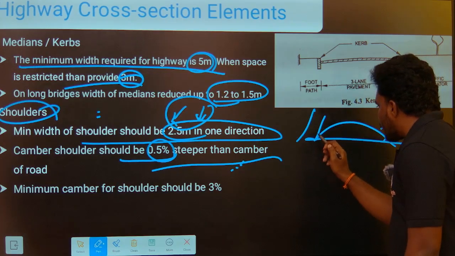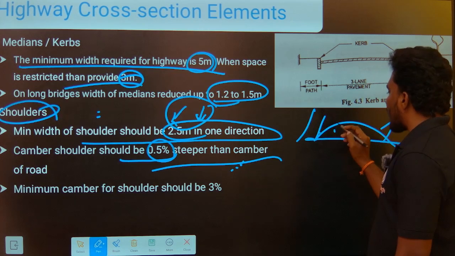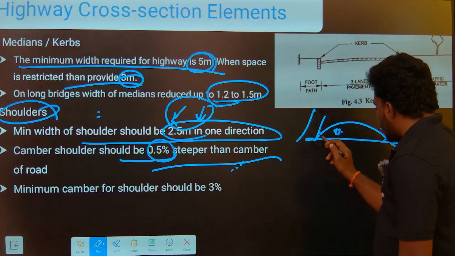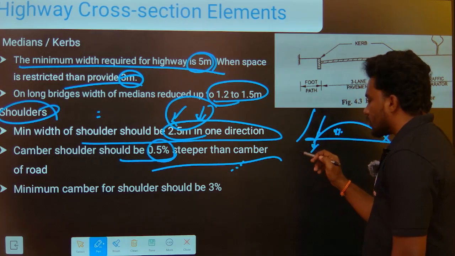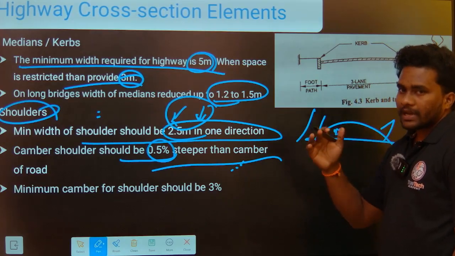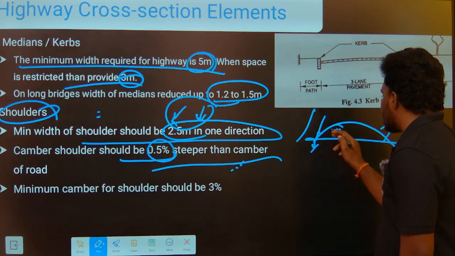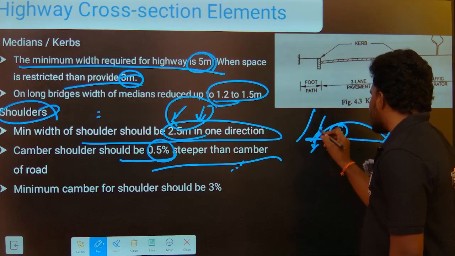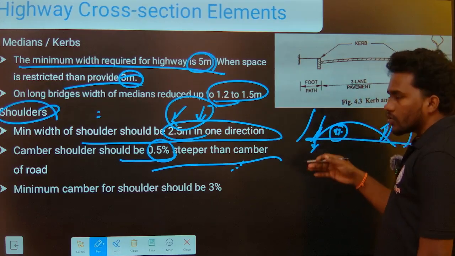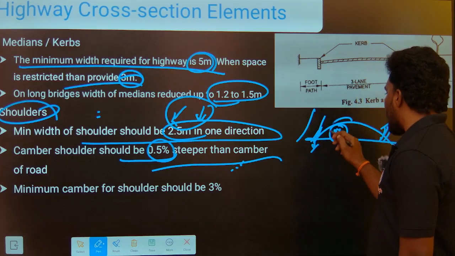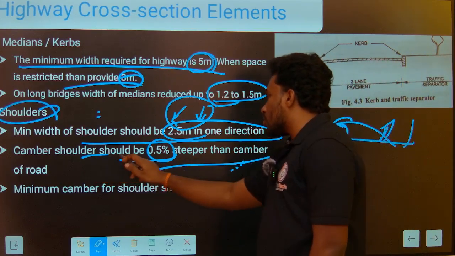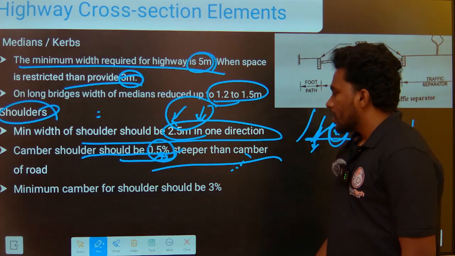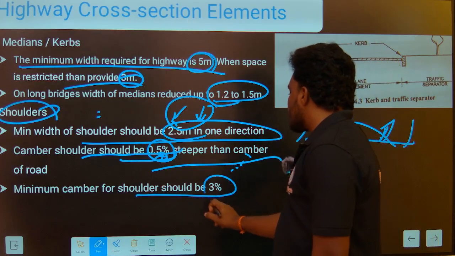If the camber is 2% of cross slope, and the shoulder is not steeper than this camber, then the water is stored at this junction, so we have to provide a steeper slope than the camber, that is, the shoulder should be 0.5% steeper than the camber of the road, and the minimum camber of the shoulder should be 3%.